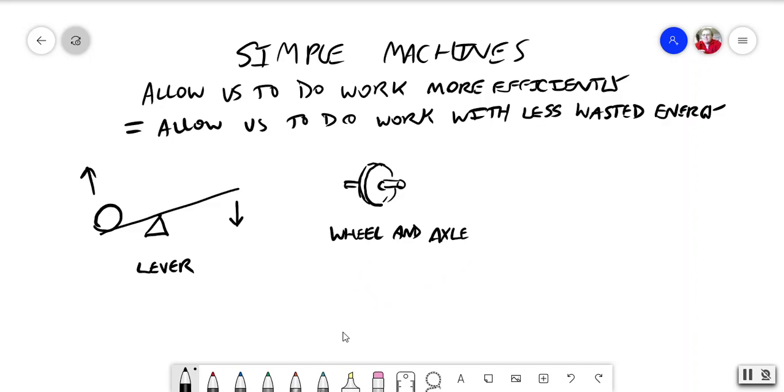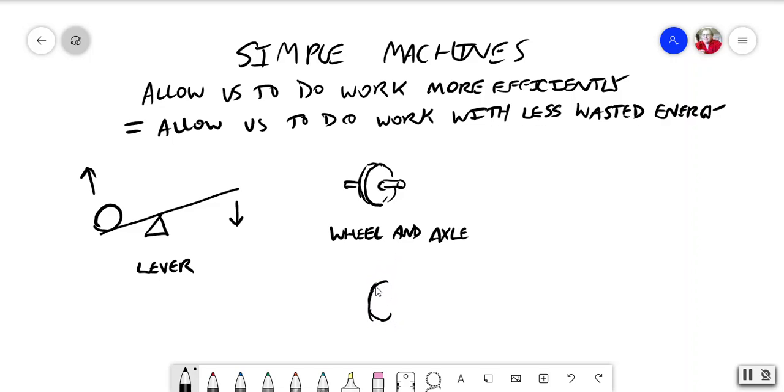The invention of the wheel, which would have been in the probably late Stone Age, early Bronze Age, is considered a turning point in human history. It allowed chariots and carts and various kinds of vehicles. Nowadays, cars, trains, even airplanes have wheels to land on. But there's other areas where wheels are used. We don't tend to think of them like that.